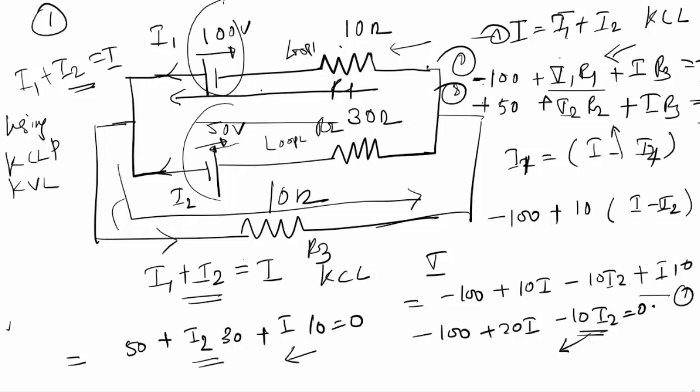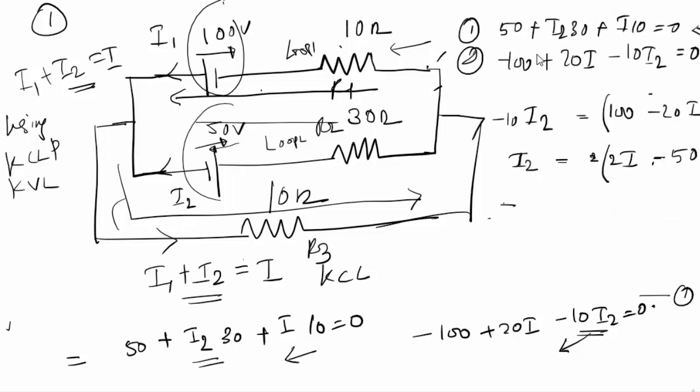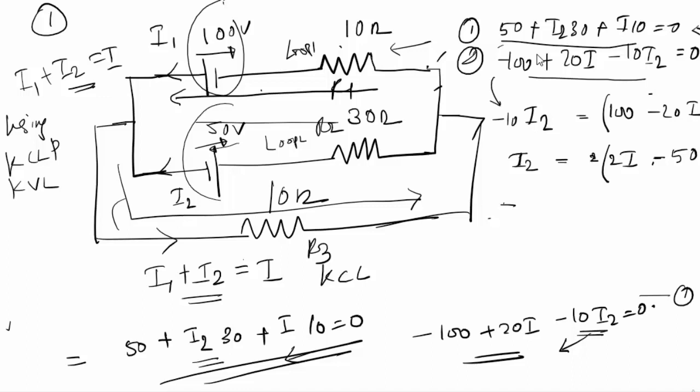So now just simply writing the two equations which we got from here. I'm solving the second equation here, and when I solve this I get the value of I2 as 2I minus 50.